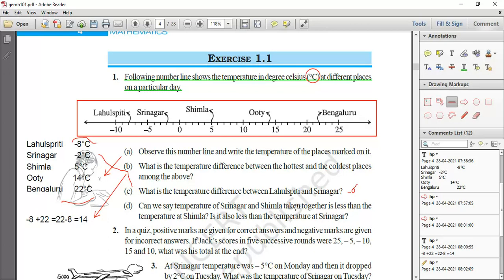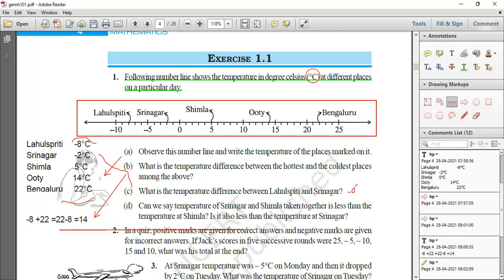You have to add the temperatures of Srinagar and Simla. If you add them, the answer is -7. So it means yes, it is correct.